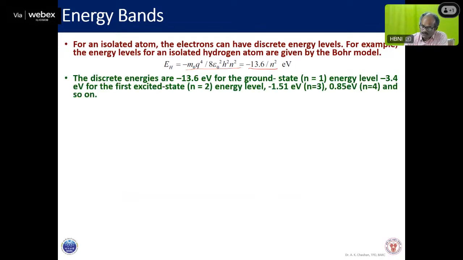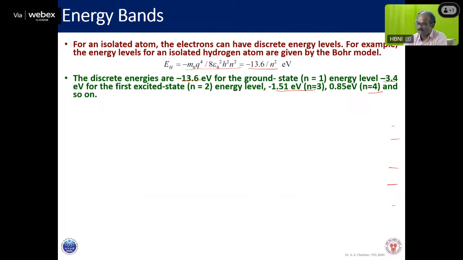For different excited states, for the ground state, it will give minus 13.6 eV if you put n equal to 1. If I put n equal to 2, then I will get minus 3.4. For n equal to 3, I will get minus 1.51, and similarly for n equal to 4. In this way, you can go on calculating the energy levels.